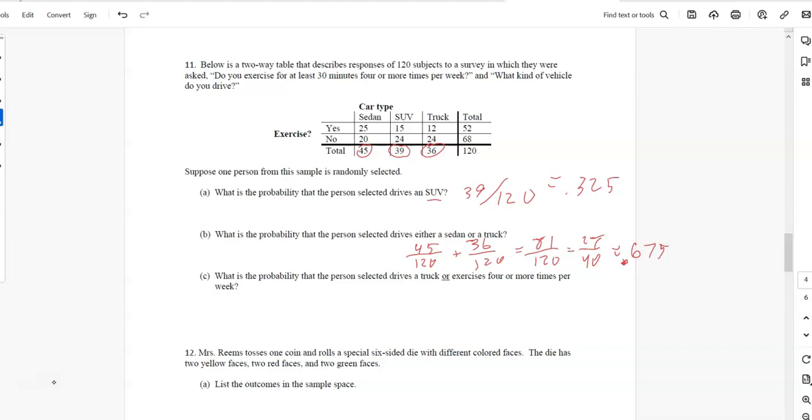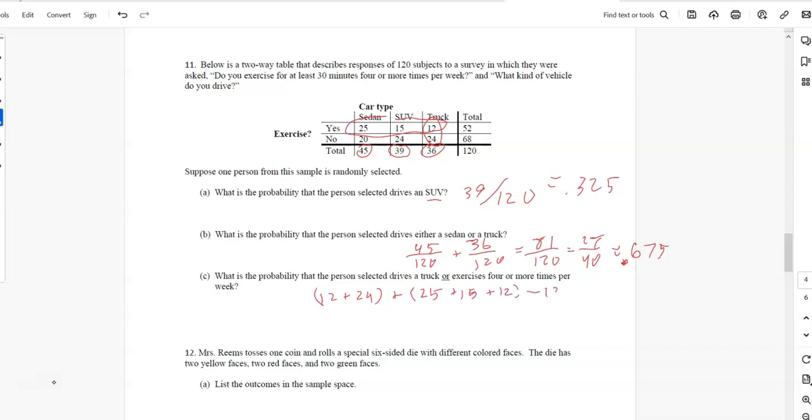What's the probability the person selected gets a truck or exercises 4 or more times per week? So truck would be 36. To get that number, I'm adding those two numbers, 12 plus 24. That's the truck. Plus, to get the exercise, you're adding those three numbers, 25 plus 15 plus 12, minus the overlap.